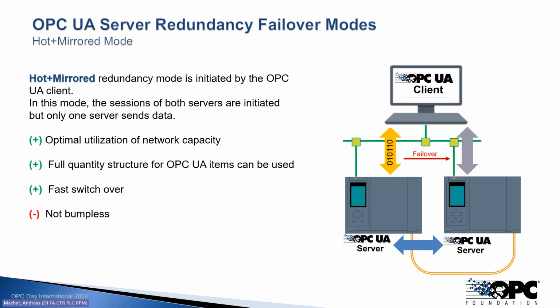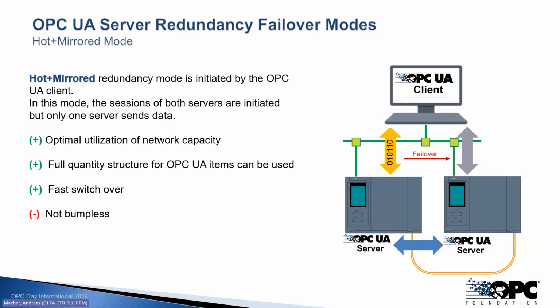In this case, only one server is sending data, and the second one is ready. So it's an optimal utilization of the network capability. Also here there's a fast switchover because the second server is ready, but it's not completely bumpless, because there is a short time of failover, and then the second server is ready.